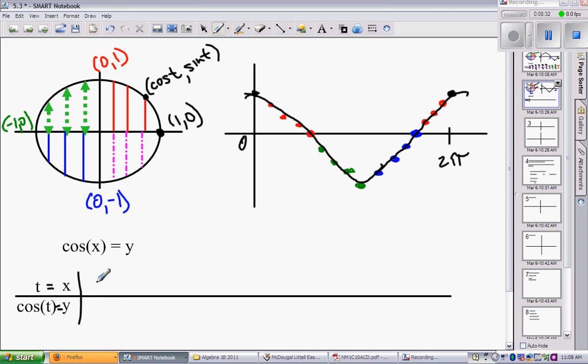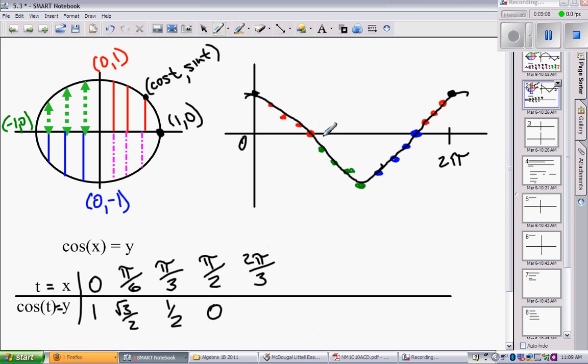So when t is 0, our cosine was 1. Pi over 6 from the unit circle, you get root 3 over 2. Pi over 3, it's less, it's 1/2. Pi over 2, you got 0. 2 pi over 3.